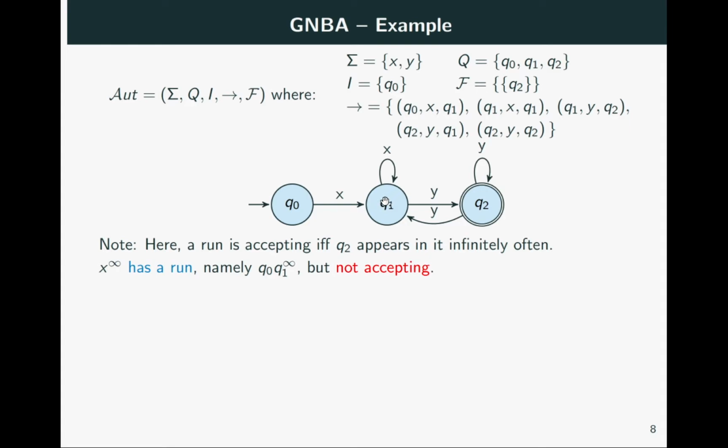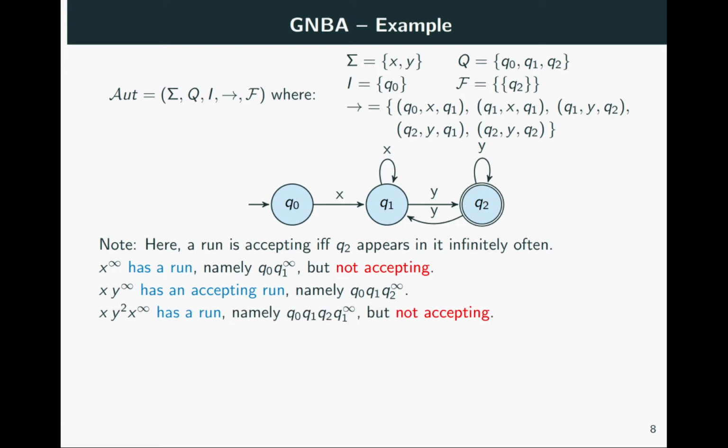However, this run is not accepting because it does not contain q2, not even once, let alone an infinite number of times as required for an accepting run. On the other hand, the word consisting of the letter x followed by an infinite number of y's, written x y to the infinity, has an accepting run, namely q0, q1, q2 infinitely.